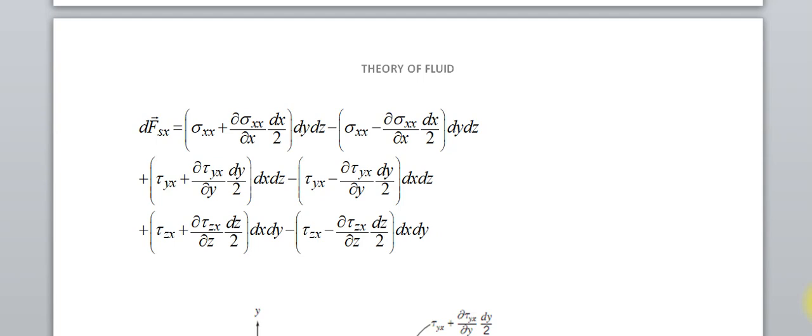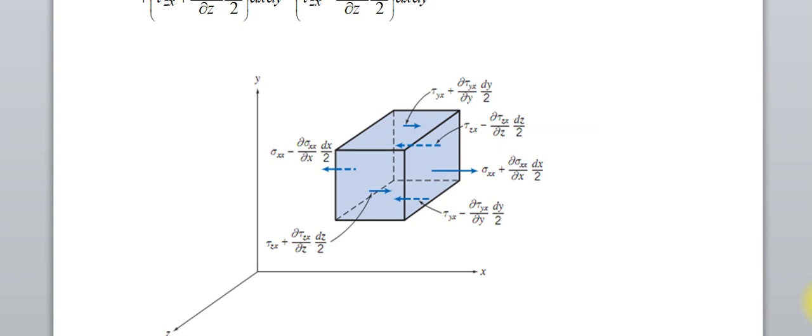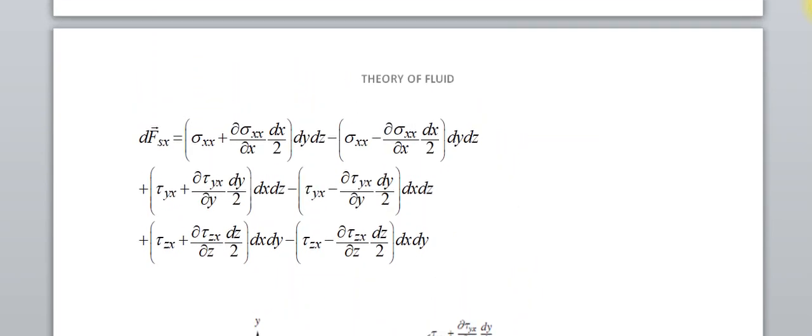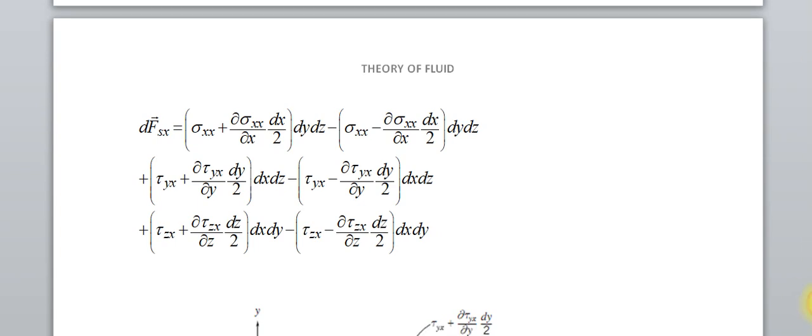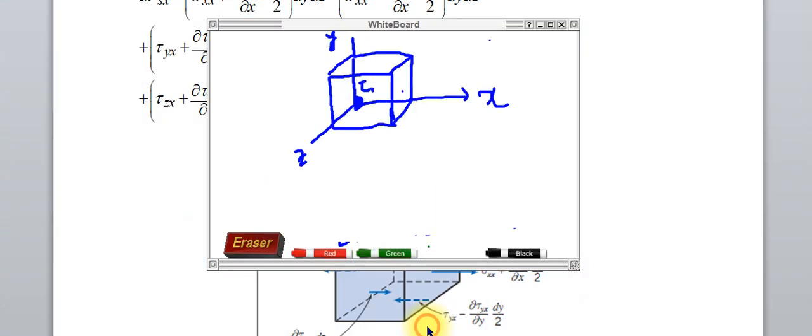So how do these forces come about? Look at this diagram. As we are studying this at the center of the fluid element, let me write how to obtain this, because this is very important.